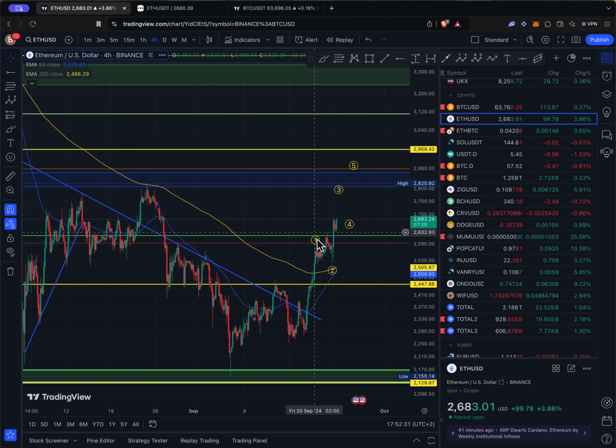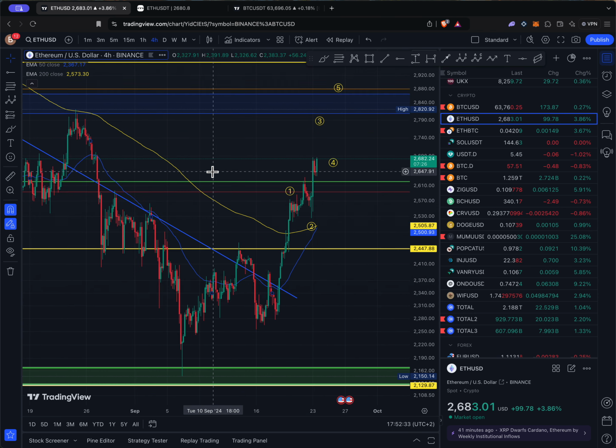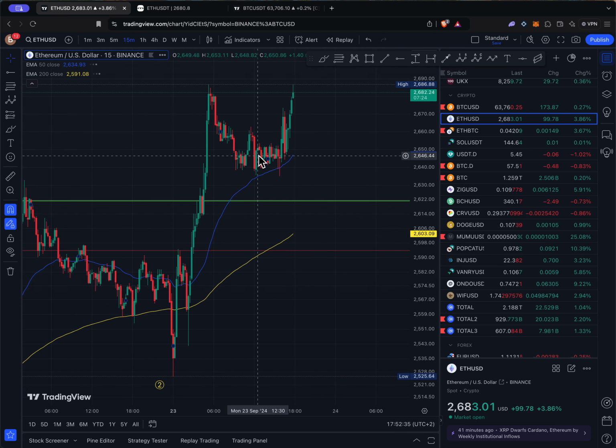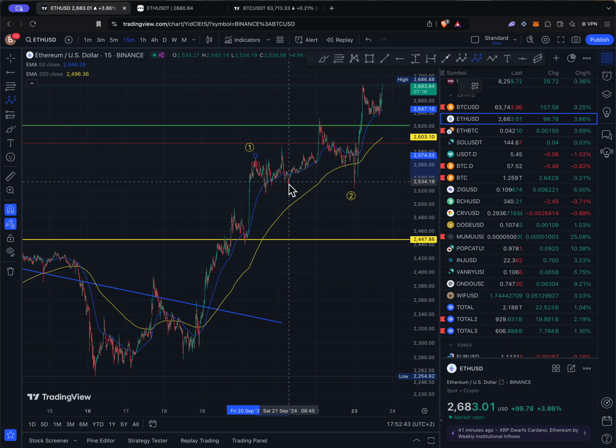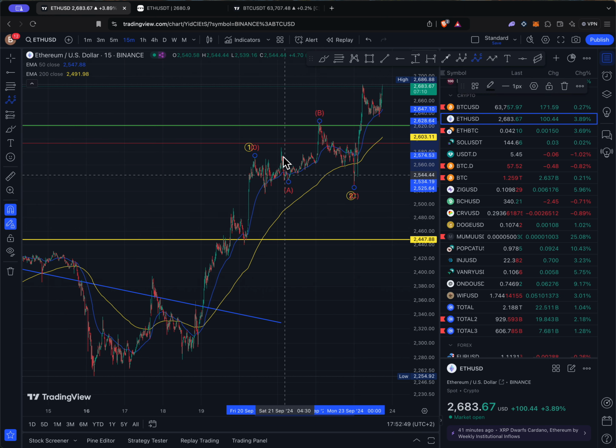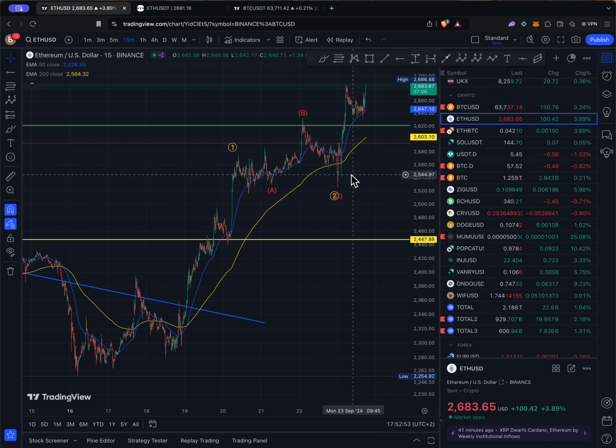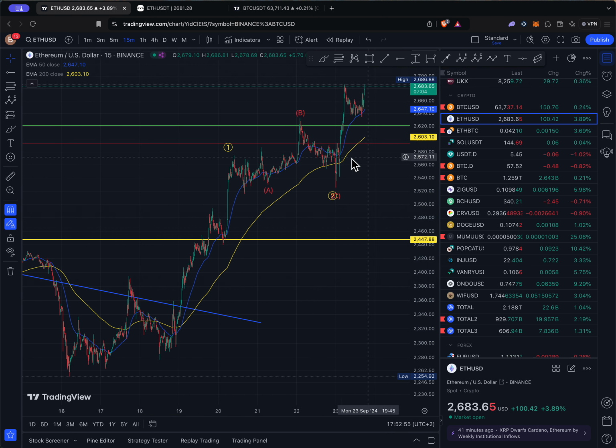So on a lower time frame it's going to look better. This can be A, B here, and C here, the corrective move in the Elliott waves, and now we might go on another impulsive leg up.